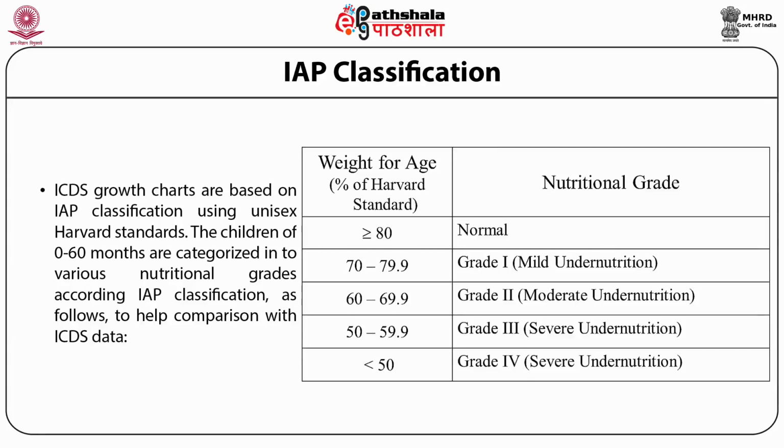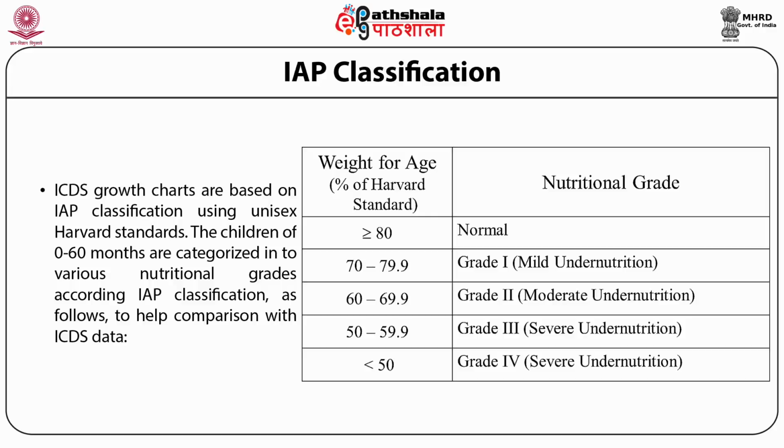IAP classification, that is the Indian Academy of Pediatrics classification. In this case, the growth charts are based on the Indian Academy of Pediatrics classification using unisex Harvard standards. The children who are 0 to 60 months are categorized into various nutritional grades according to the IAP classification as follows to help comparison with the ICDS data.